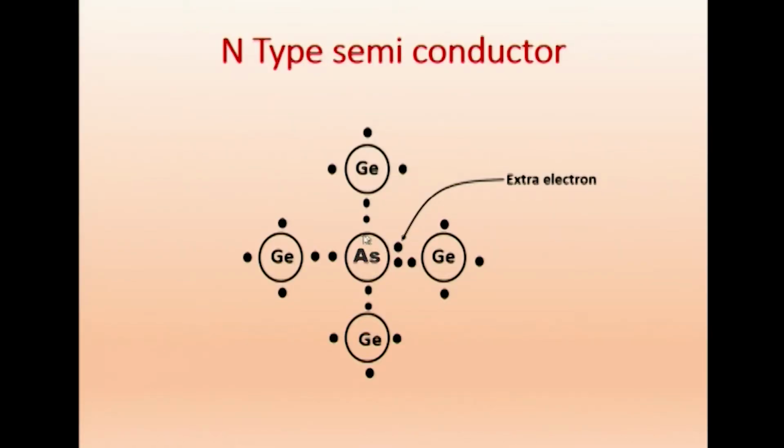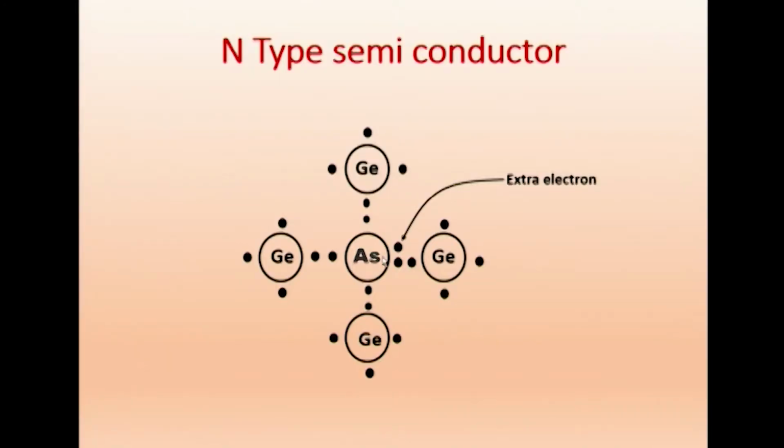This As is pentavalent. Germanium has valency 4, whereas As has valency 5. So we take a germanium crystal, knock out one germanium and put As into that. That is called doping, adding something.